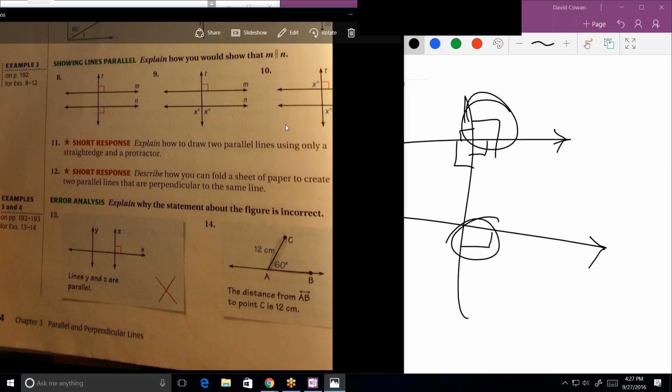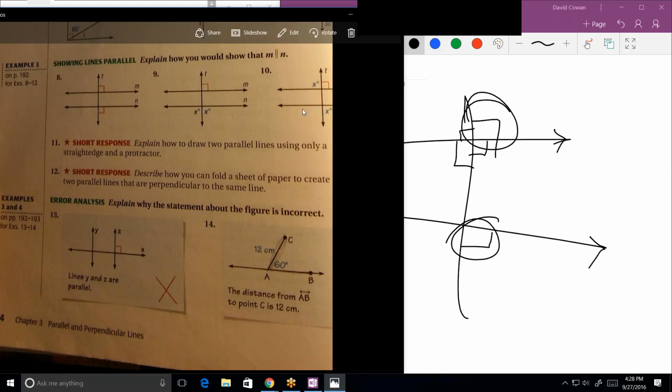Number 10. Uh-huh. So, due to that postulate, where if two lines are perpendicular, then 4 right angles are created, we can get that all those angles are right, meaning they equal 90 degrees. Then the only thing you really need to say is that x is equal to 90 degrees.